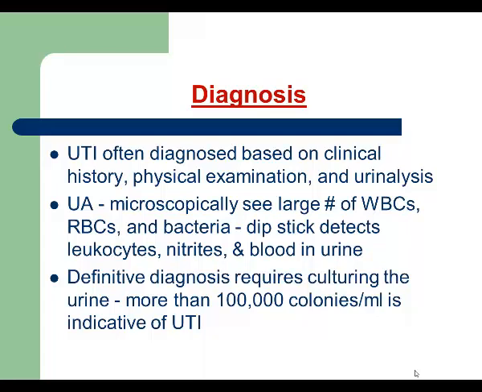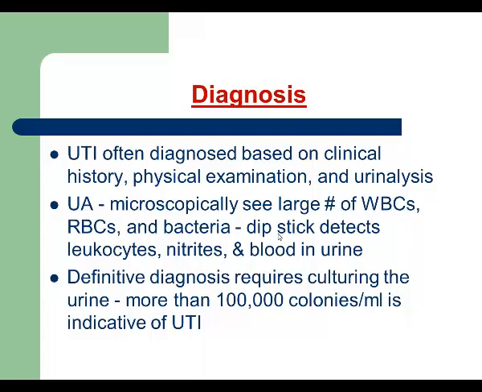The diagnosis is based on clinical history, patient's complaints, physical examination, and of course urine analysis. There are different kinds of urine analysis we can use, and usually we start with dipstick. Dipstick can detect white blood cells, red blood cells in the urine, nitrites.